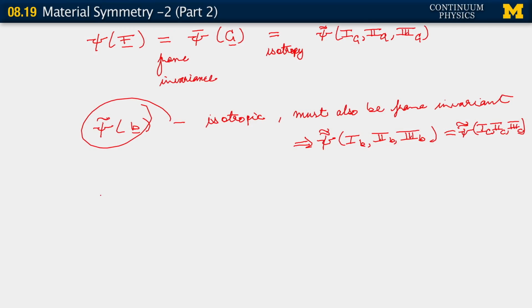When we write something as a function of C, like we were doing all along until we happened upon today, we left ourselves open to the possibility of having a material. It is frame invariant, of course, and that's good.